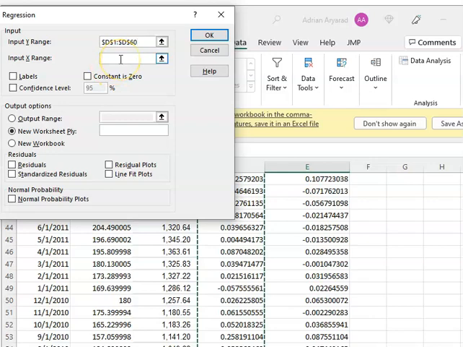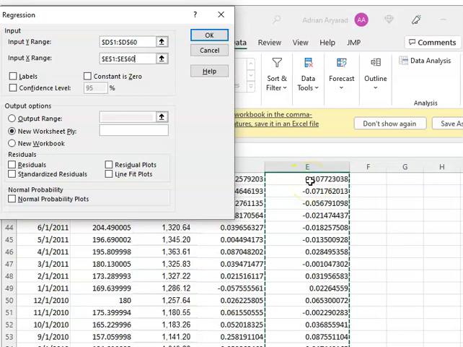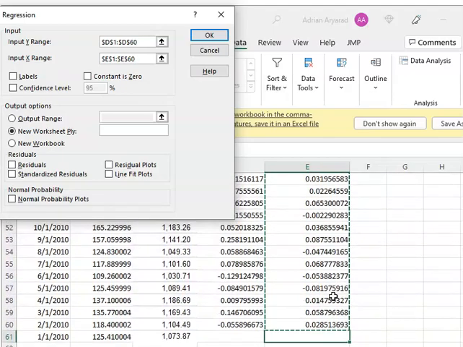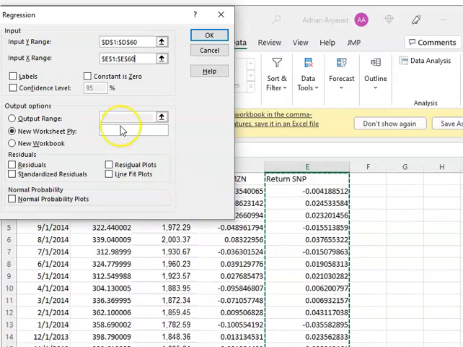X is going to be S&P 500. Click on the label, Control Shift down arrow. I'm going to select all. And check the labels, and we want the output to come out in a new worksheet, and that's all we need. Just click OK.